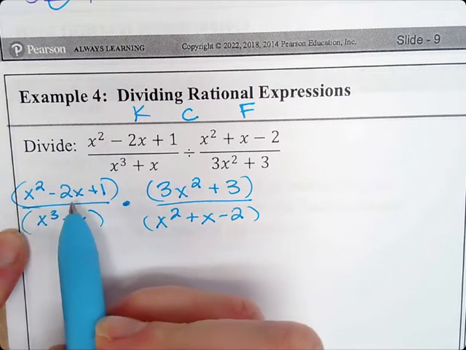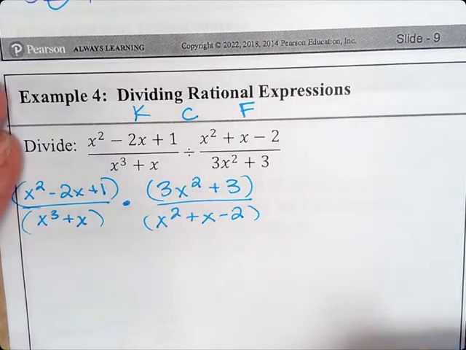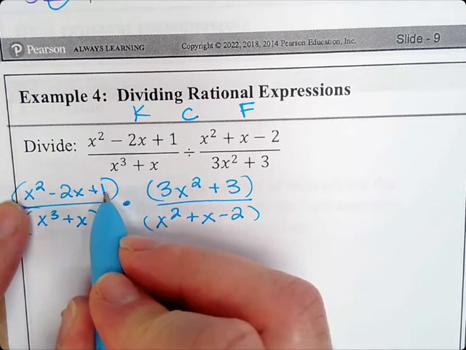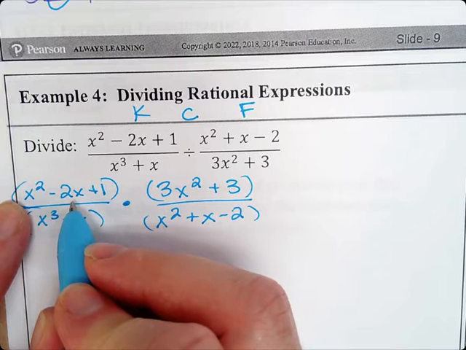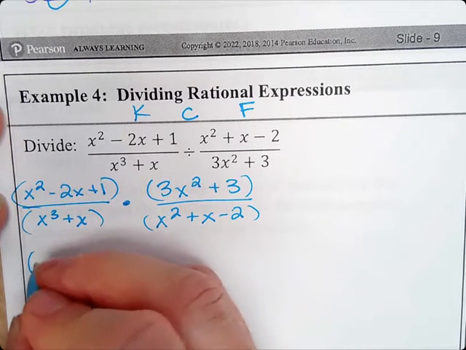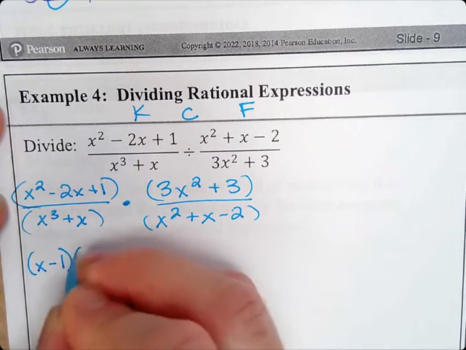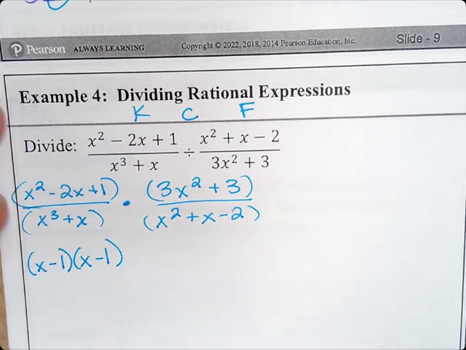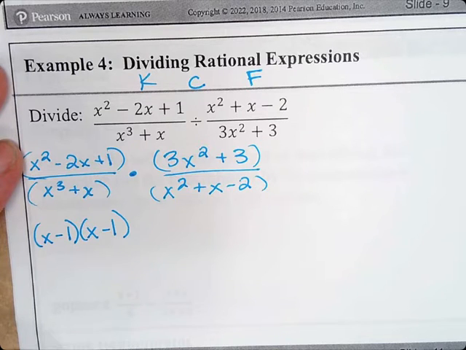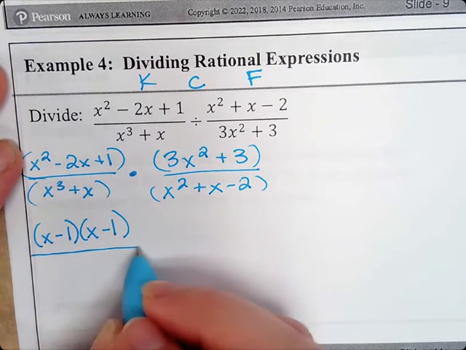So x squared minus 2x plus 1. What gives you a product of 1 and a sum of negative 2? Negative 1. So x minus 1 times x minus 1. Over.